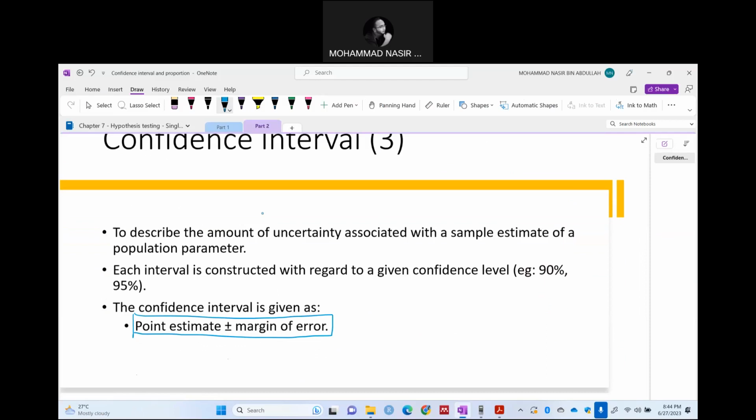So we have x bar plus or minus z alpha divided by 2 multiplied with sigma over square root of n. This is what we call the margin of error, and this is the point estimate.